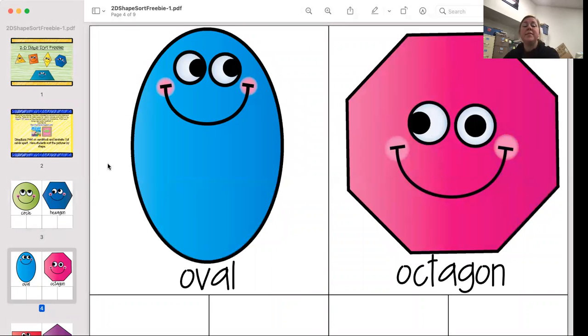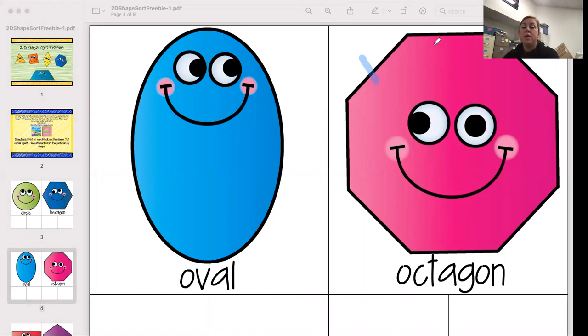Oh, look at these. Okay, so this long and skinny, it looks like a circle, but it's not. It's an oval. And then this pink shape, let's see what that is. Remember, we can figure it out by counting the sides. So let's count.